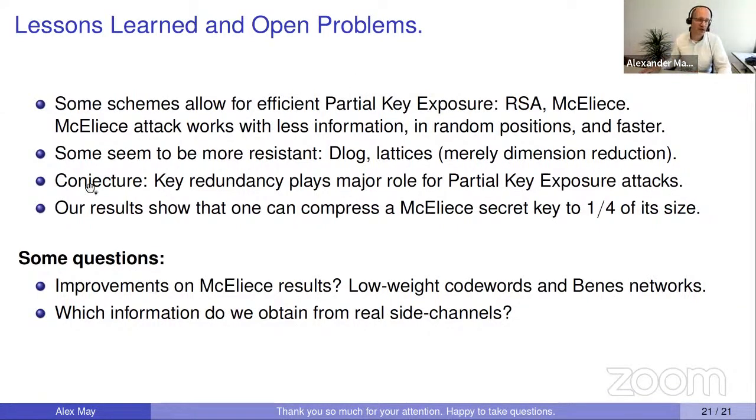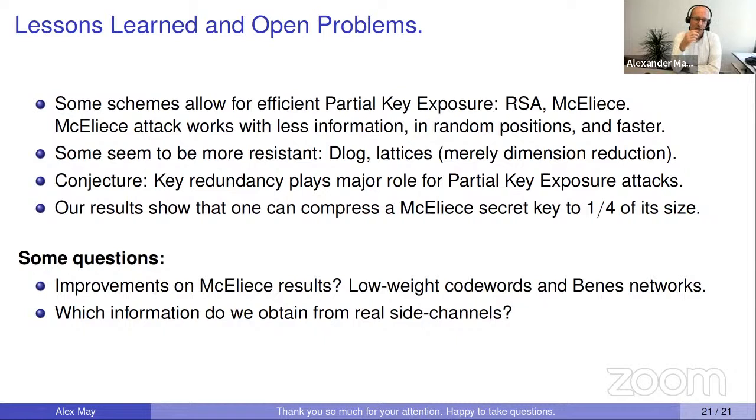And my conjecture is the more key redundancy, so the more redundancy you have in your secret key, the better are your partial key exposure attacks, right? And for code-based schemes, you have more redundancy because there's a code behind, and this is structured, and this really helps you in these partial key exposure attacks.